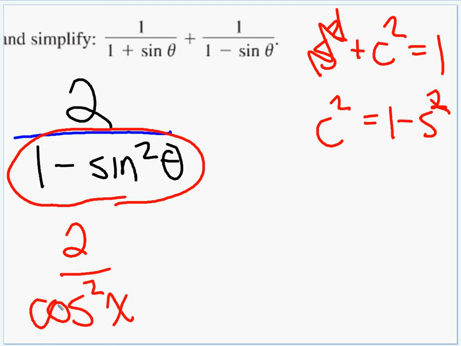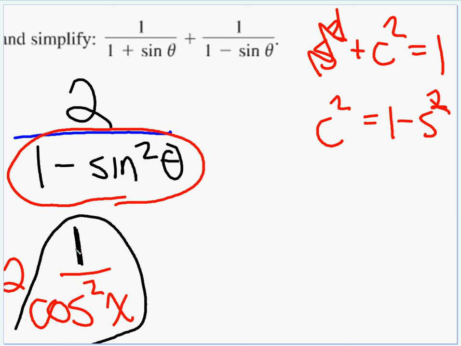Now, if you left it like this, I would not be terribly upset. But another way to look at these two, remember this numerator up here too, we can slide that off and make it multiply as long as we put a placeholder up there. Now it might be a little easier to see that we do have a reciprocal here. 1 over cos is equal to secant, so 1 over cos squared is going to equal secant squared.